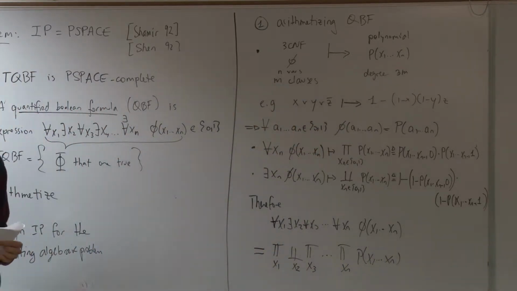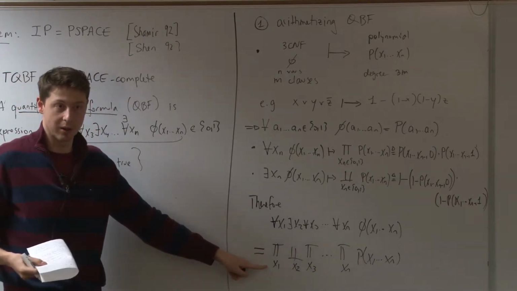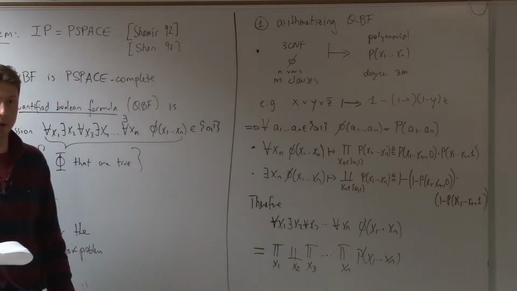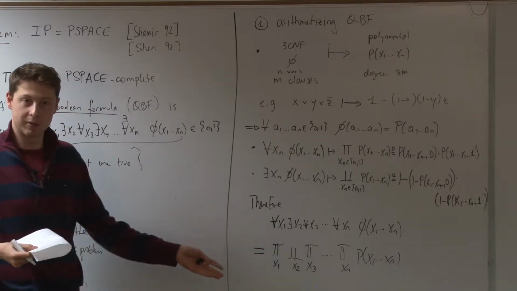Do you agree? This is a value that is either true or false, and this is a value that is either 0 or 1. Okay, and these two are equal if you identify true with 1. All right. So now we have arithmetized our problem.